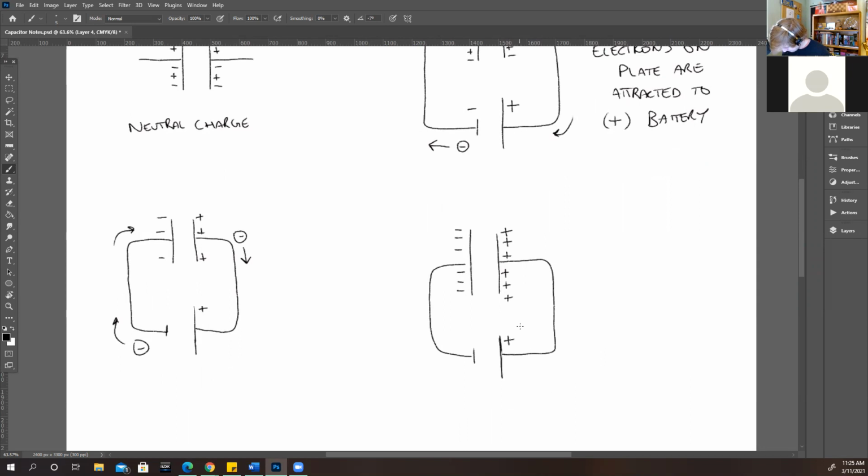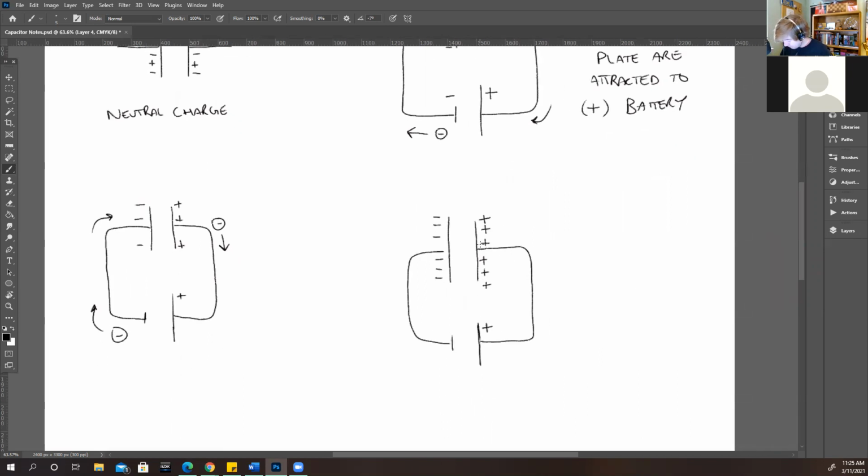And it gets to the point where the electron flow that was traveling down now gets to this point, and these charges are so separated that the electron feels an equal attraction to the battery. It wants to go that way.